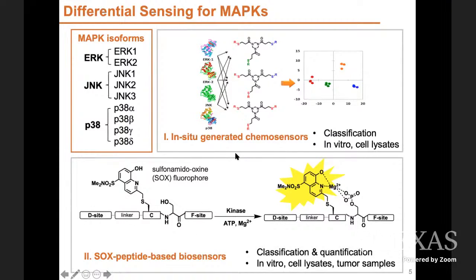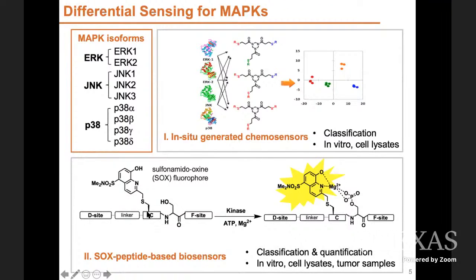At the beginning, our group developed these in situ generated chemosensors and successfully differentiated these 4 isoforms in the cell lysates. Then we started making the peptide biosensors with the SOX chromophore, which is what I want to talk about in detail today. The docking site right here in the peptides could determine the selectivity for the different MAPKs.